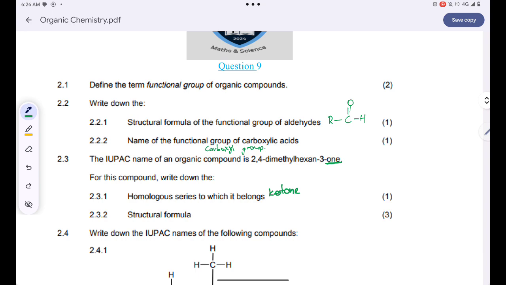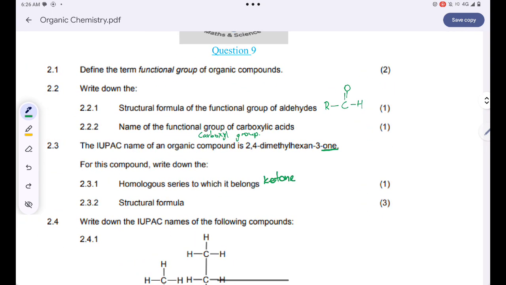And then the structural formula. The parent chain has 6 carbons since the prefix is hex. 1, 2, 3, 4, 5, 6. And then in carbon number 2 and 4, the double bond O is in carbon number 3. 1, 2, 3, 1, 2, 3, 4, 5, 6.